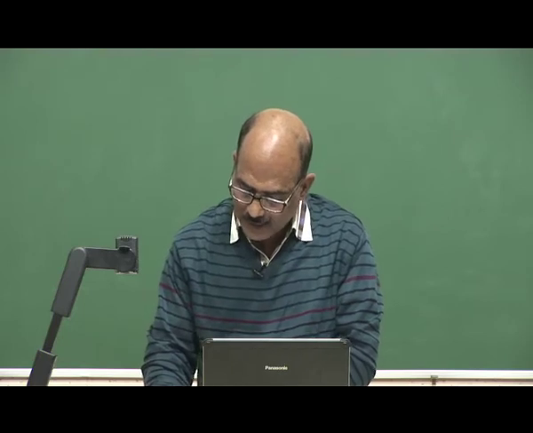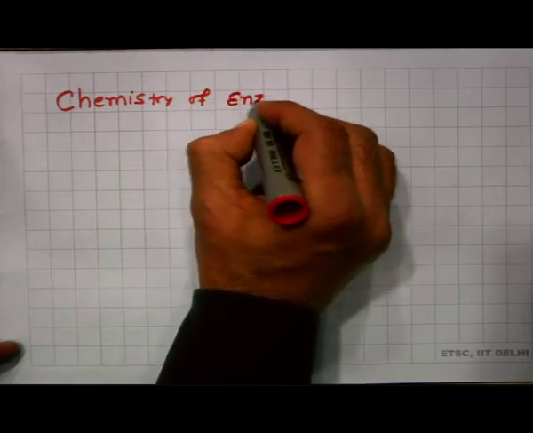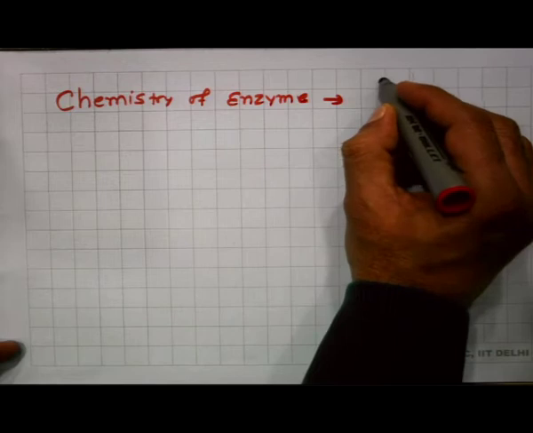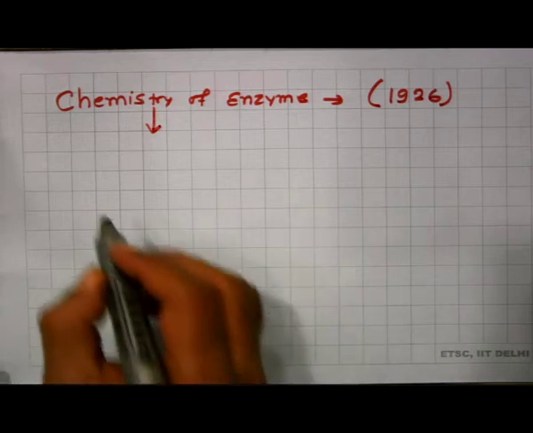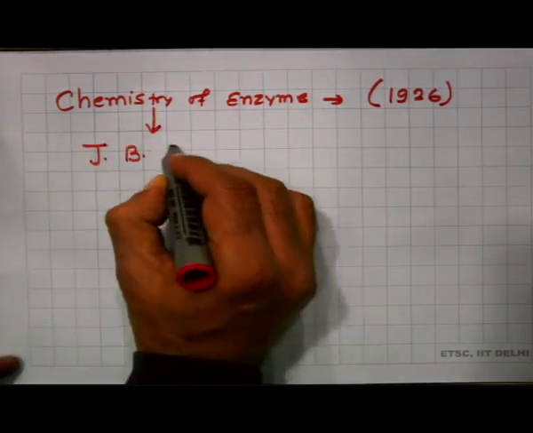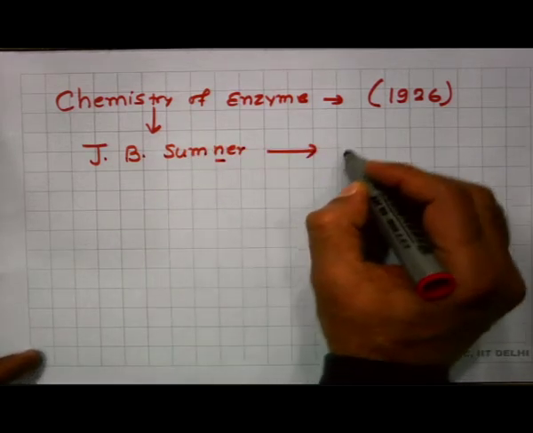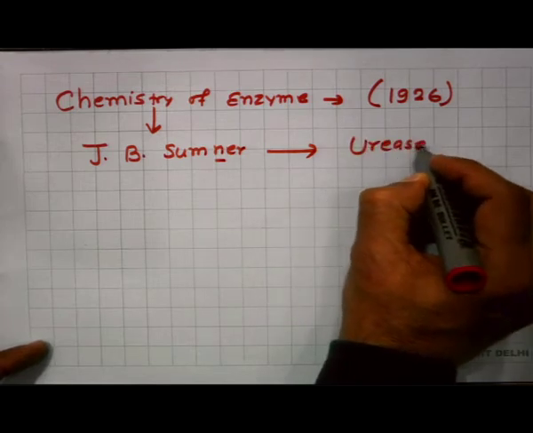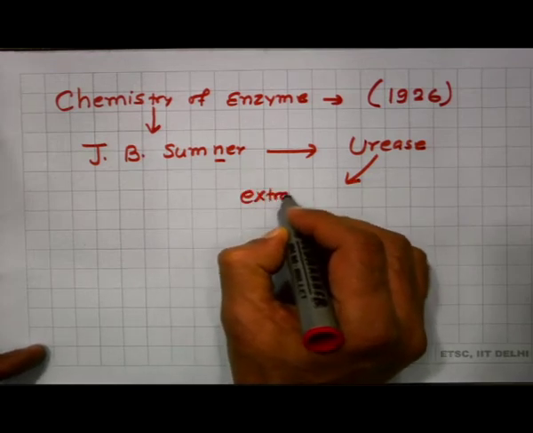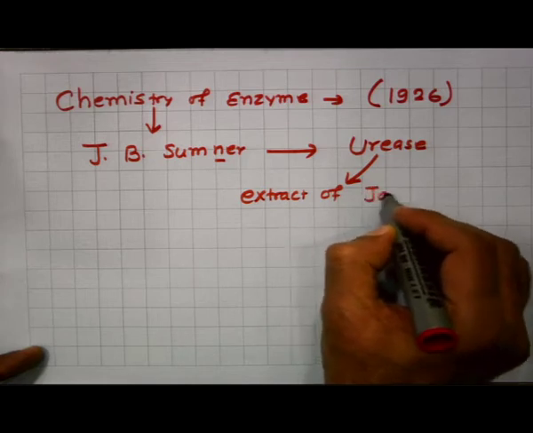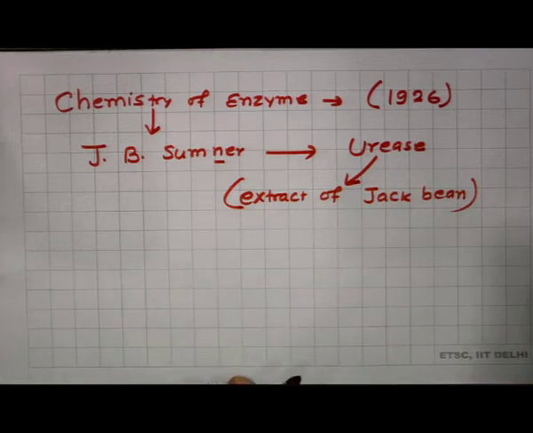Now, the chemistry of enzyme. First time in 1926, it was given by J. B. Sumner. From the enzyme urease, which he obtained from the extract of jack bean, he found the chemistry of enzyme.